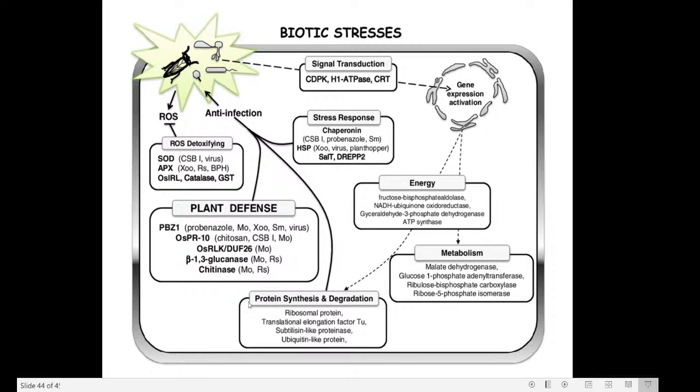This is one thing. Another thing is that the plant defense systems are activated. PBZ1 is a probenazole-inducible protein. Against Magnaporthe oryzae, viruses: these are all foreign particles. The probenazole, Magnaporthe, and virus particles, these are against that.